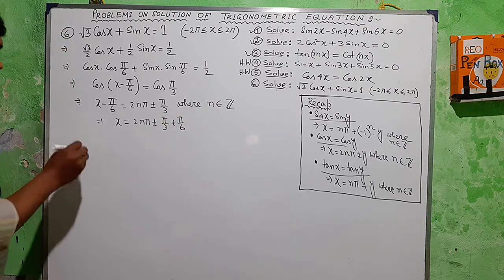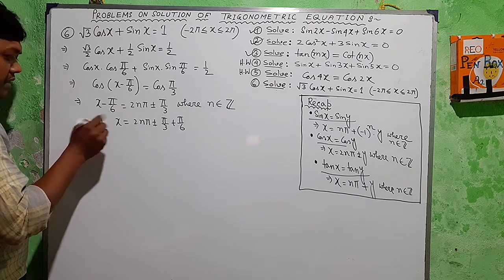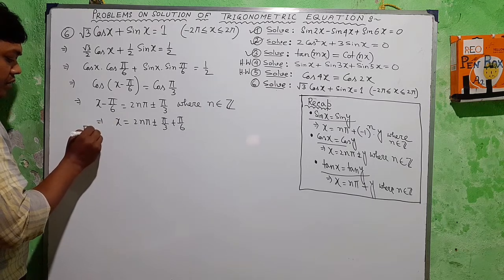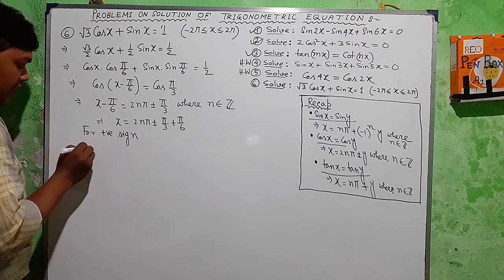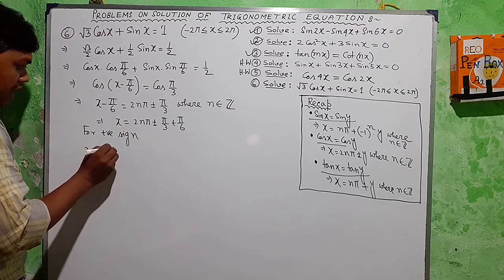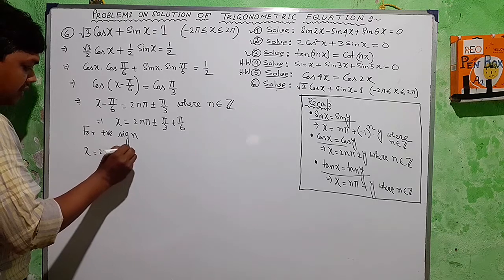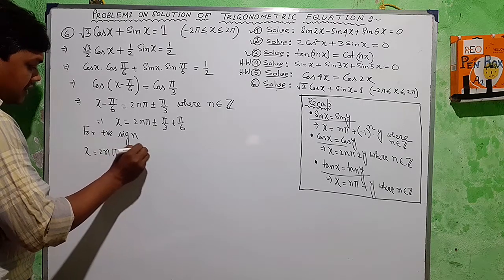Okay, so for the positive sign, x equals to 2n pi plus pi by 3 plus pi by 6.